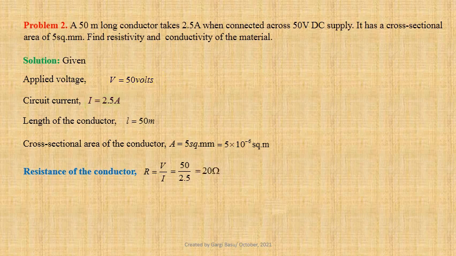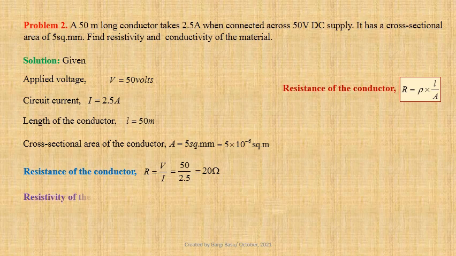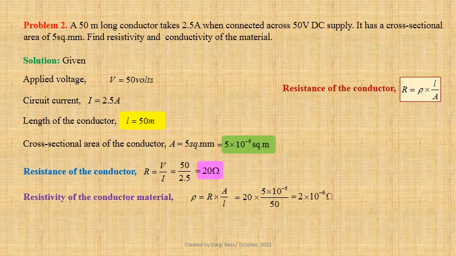Expression for resistance of the conductor R equals rho into L by A. Therefore, resistivity of the conductor material rho equals R into A by L. Using values we get 20 into 5 into 10 to the power minus 6 divided by 50. That gives us 2 into 10 to the power minus 6 ohm meter or 2 micro ohm meter.